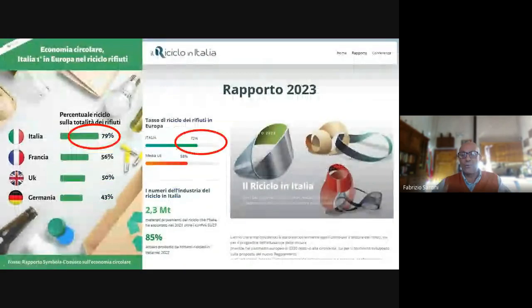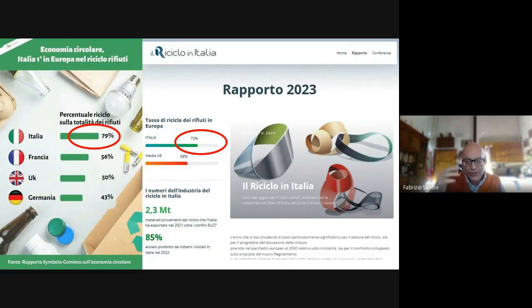But I was telling you that I want to give you not only bad news, but also good news. So let's see, in the last decades, how is the situation in Europe and in Italy. Particularly in Italy, we can be proud because circularity is one of the best scores, one of the best results that we obtain in Europe.